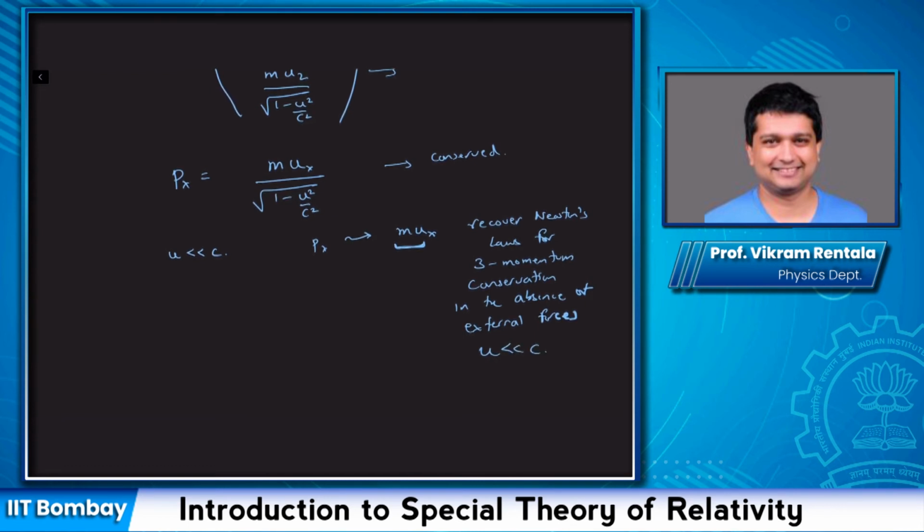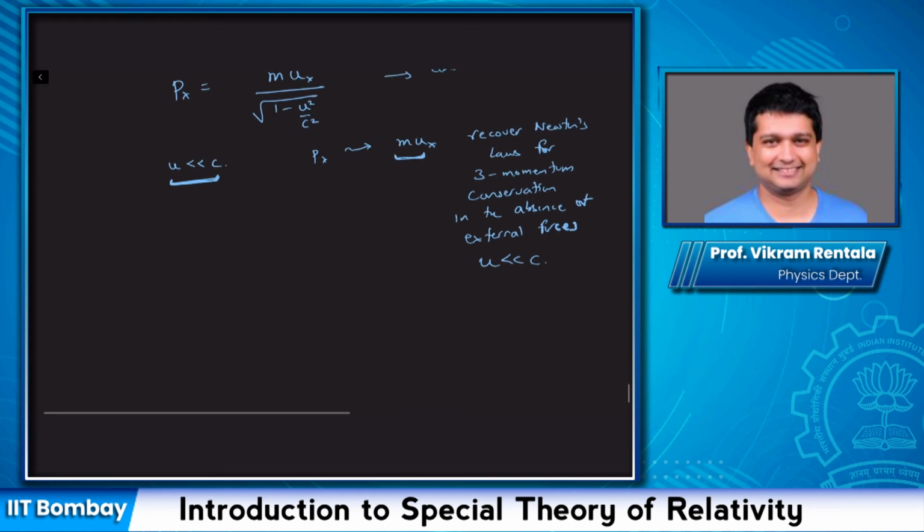So we've got a generalization of Newton's laws which seems to give us the right physical effect in the limit that the speed is much, much less than the speed of light. And this would similarly be true for py and pz as well. In the limit u much, much less than c, py would just be m times uy, pz would be m times uz.